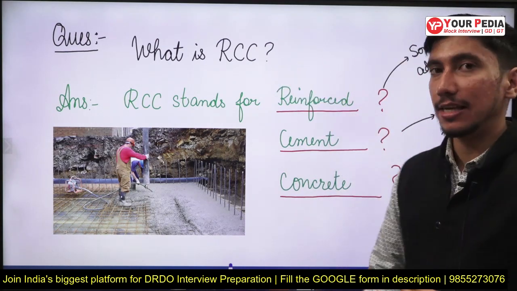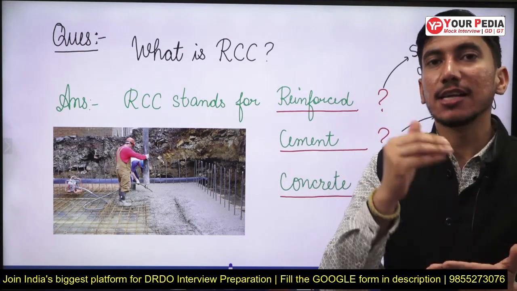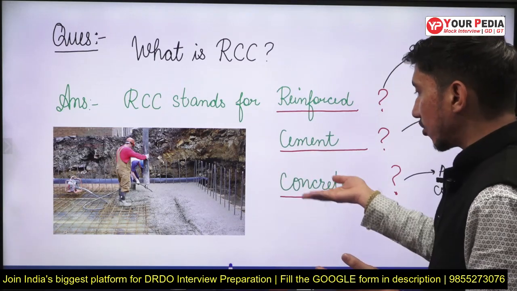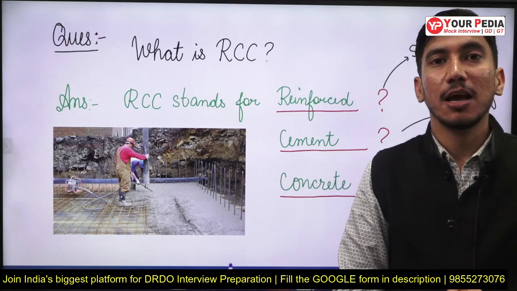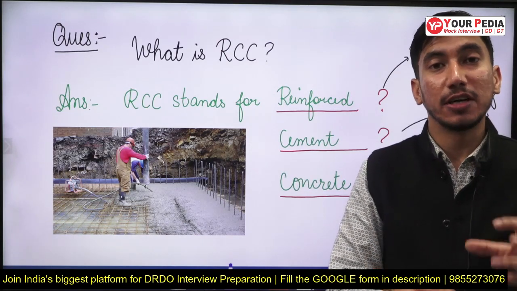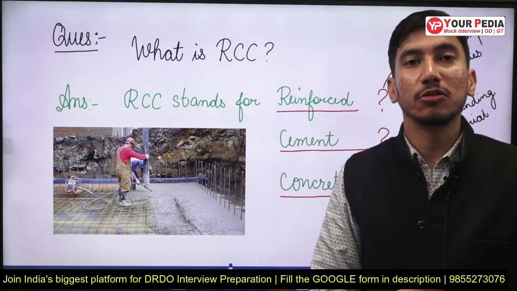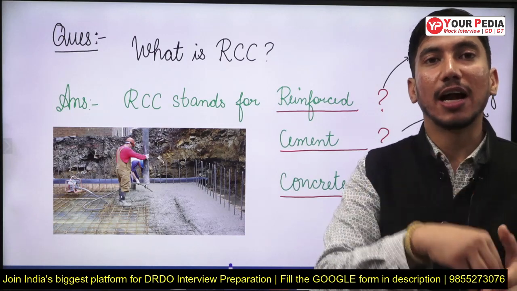So what is RCC? Let's understand each of these terms one by one. RCC, as we all know, stands for reinforced cement concrete. So what is concrete? Concrete is a building material, but what is it made up of? It is a composite material formed when we combine the aggregates, both fine and coarse, and a binding material, and then we add water to it.